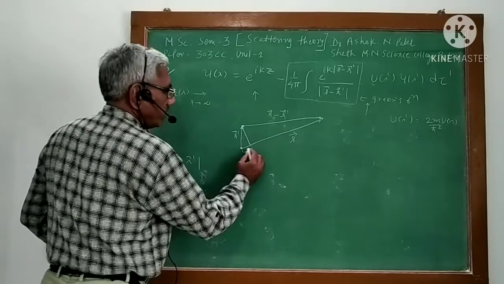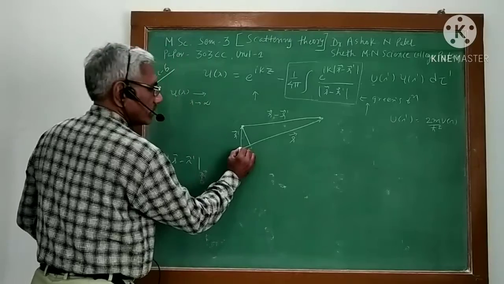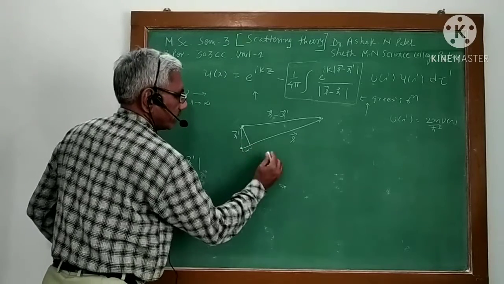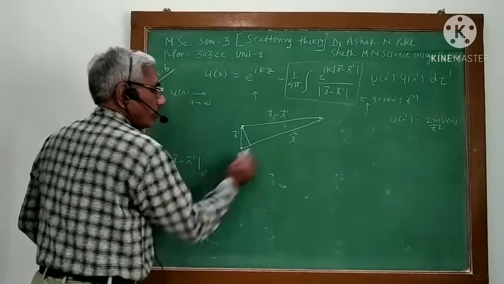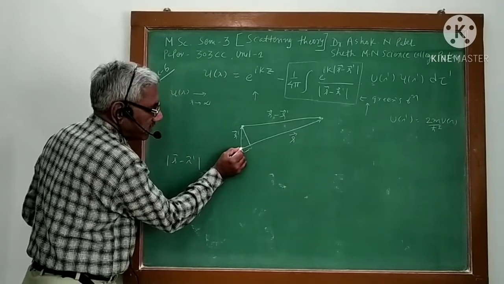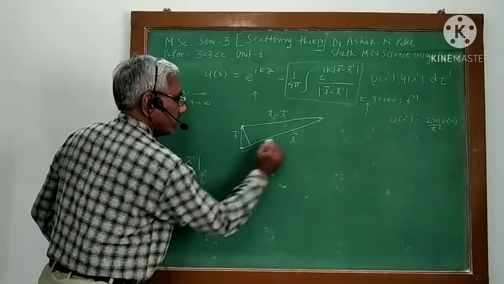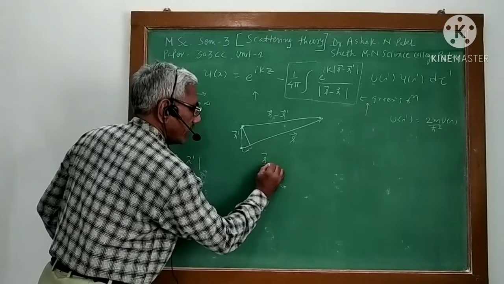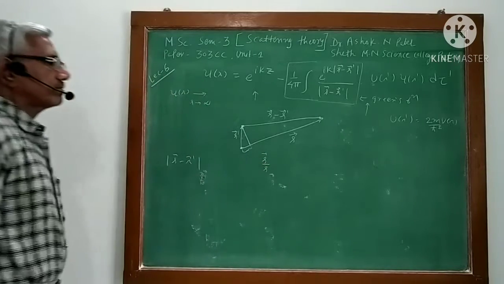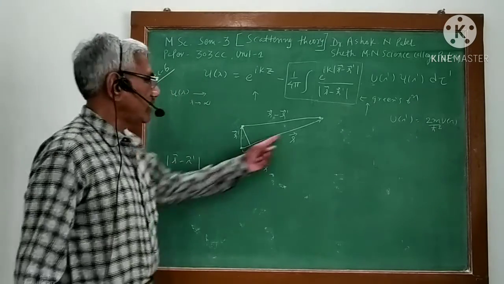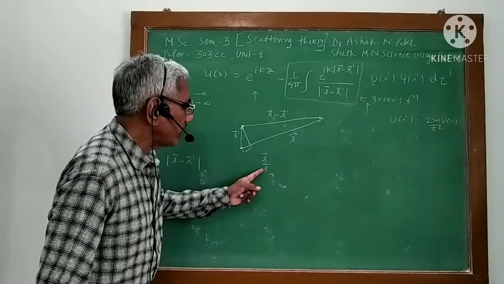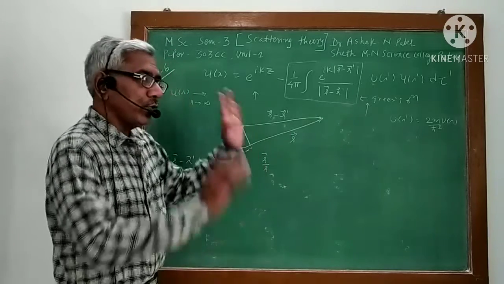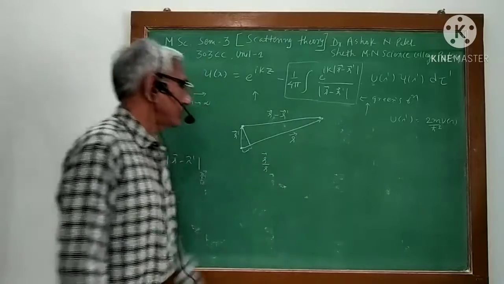Now suppose the unit vector along this direction is nothing but vector r divided by r. The vector along this direction divided by its magnitude will give me the unit vector along this direction.